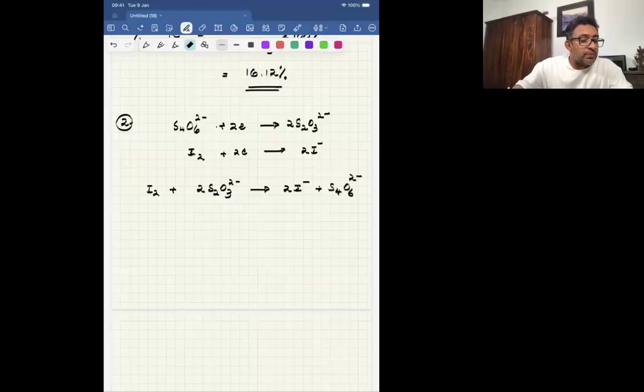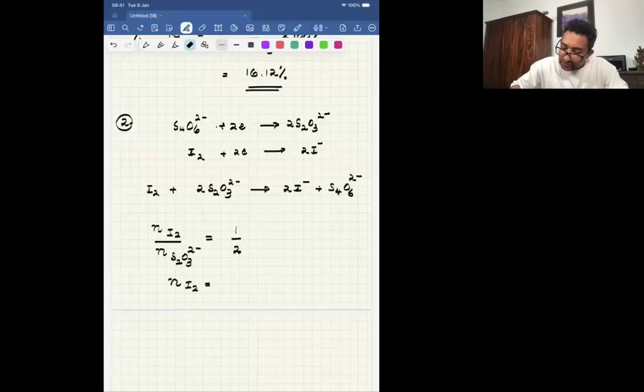Then it says, what mass of iodine reacts with 23.5 cm3 of 0.012 thiosulfate solution? Let us look at this one. Number of moles of iodine. You can't directly calculate the mass. Iodine is 1, thiosulfate is 2. So number of moles of iodine is equal to number of moles of thiosulfate divided by 2.